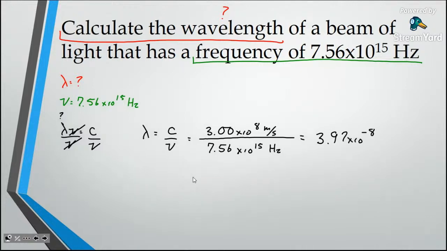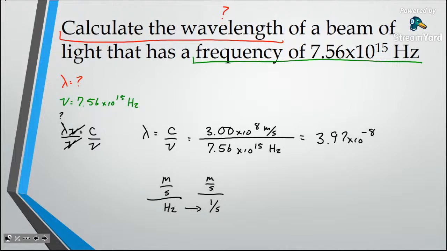And now let's take a little look at the units themselves, because this is where some students get kind of mixed up. I have meters per second being divided by hertz, and it doesn't look like anything cancels. But if we remember that hertz really means waves per second, or 1 wave per second, then I've got units of meters per second divided by 1 per second.